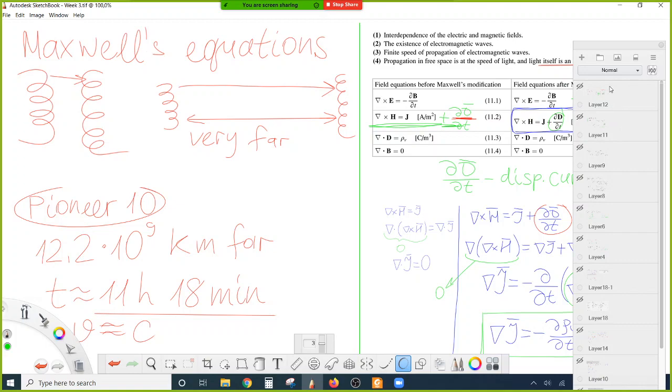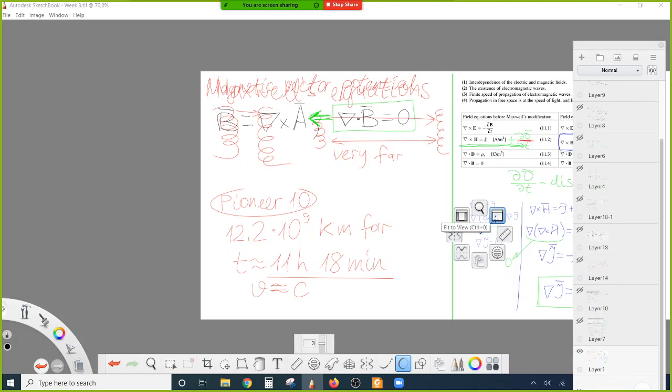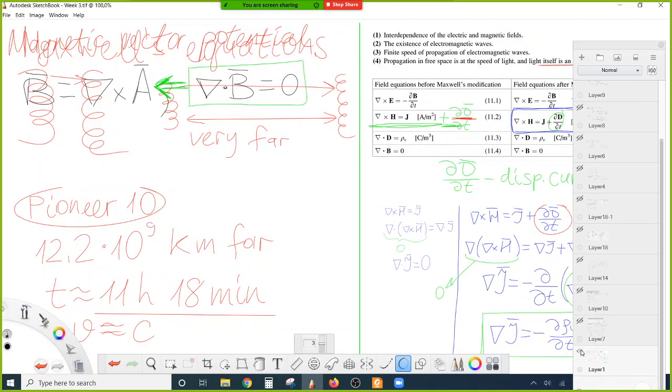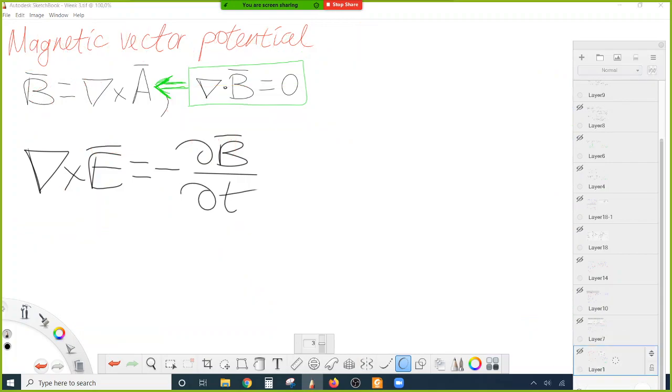So let's write the rotor of electric field intensity E equal to minus dB over dt.